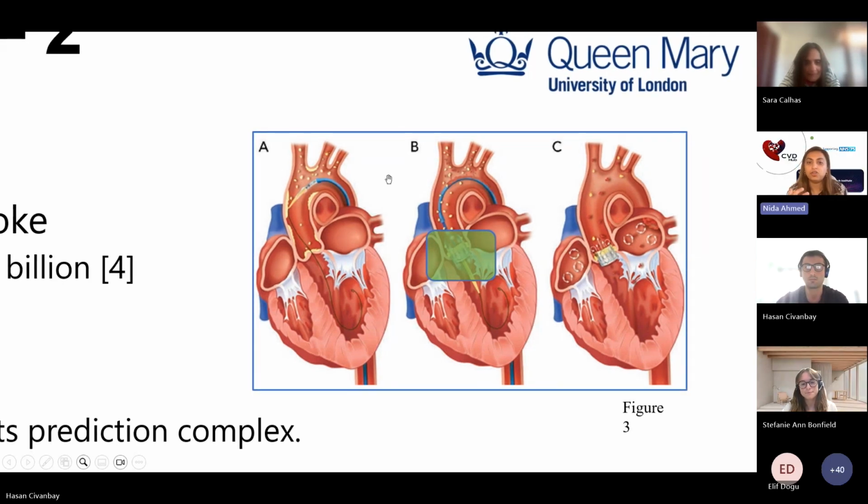This is where the new valve, the artificial valve, will be securely placed over the old valve. It is thought that as the new valve is being placed over the old valve, this is releasing elements which go on to cause a stroke. And you can see panel 3, which shows essentially what it looks like with a new valve in it.